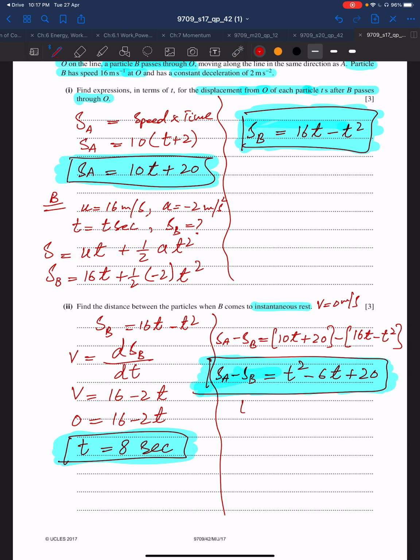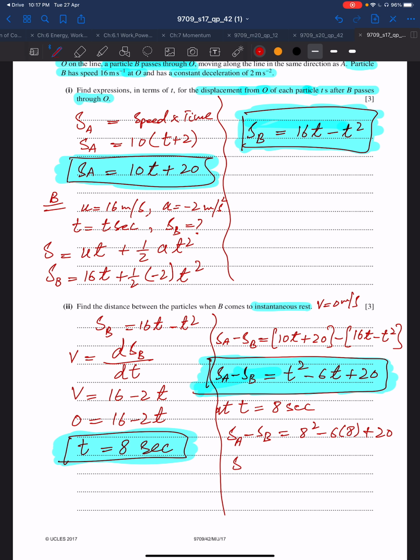So t is equal to 8 seconds. Substitute that: S of A minus S of B is equal to 8 square minus 6 into 8 plus 20.